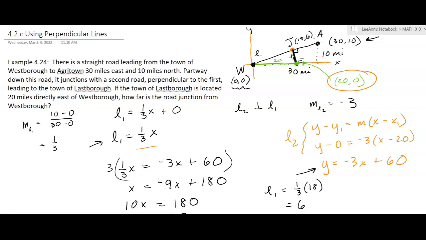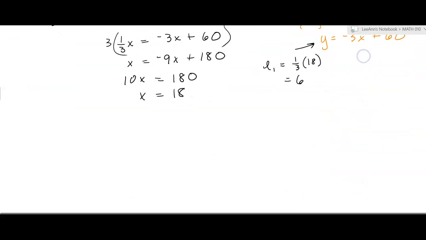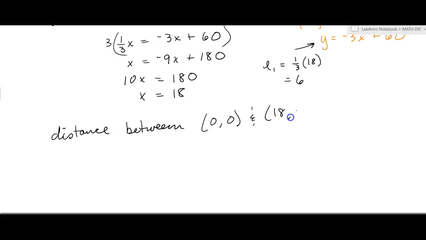Now, what does it want to know? How far is the road junction? We want to know this distance right here, the distance between 0, 0 and this point I've found, 18, 6. So let me write that out, more room. What's the distance between 0, 0 and 18, 6?